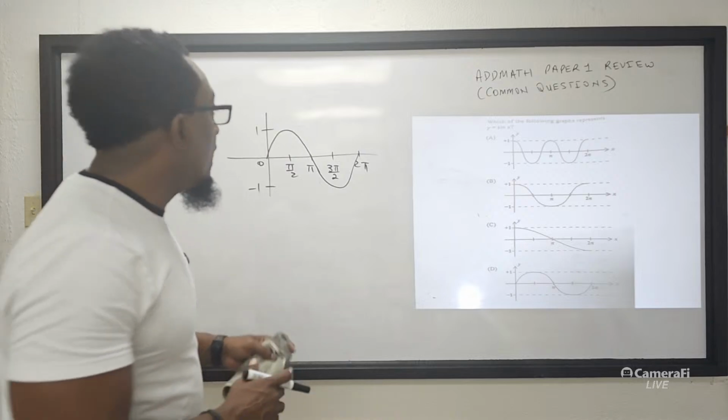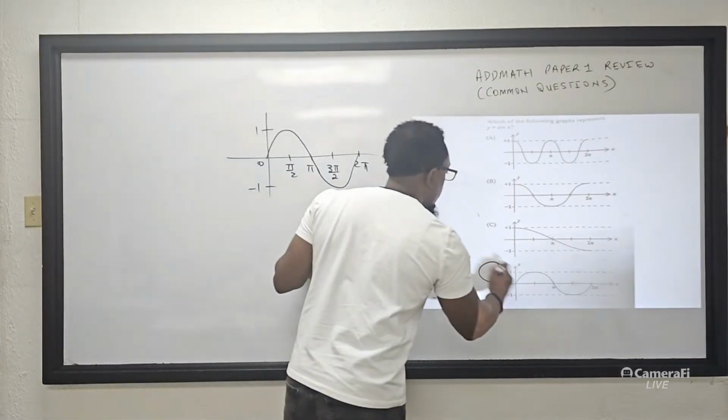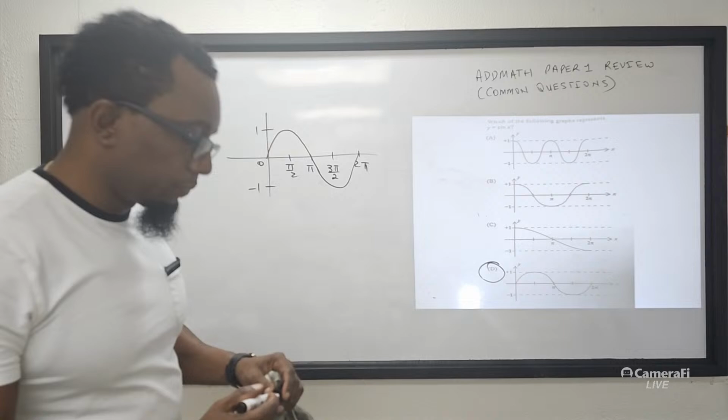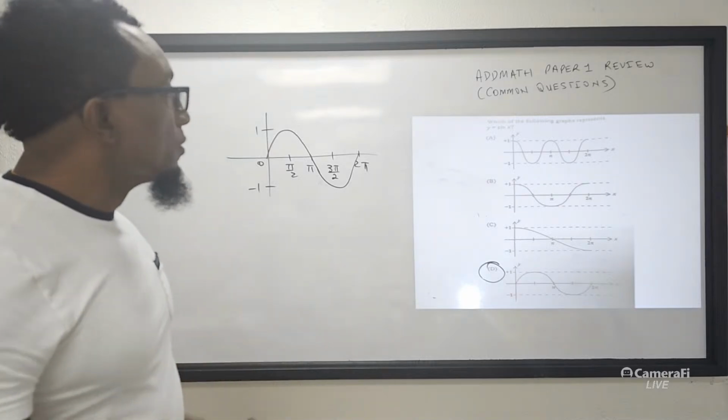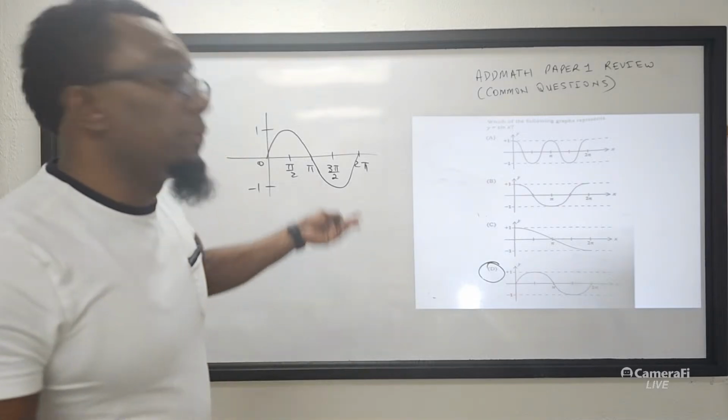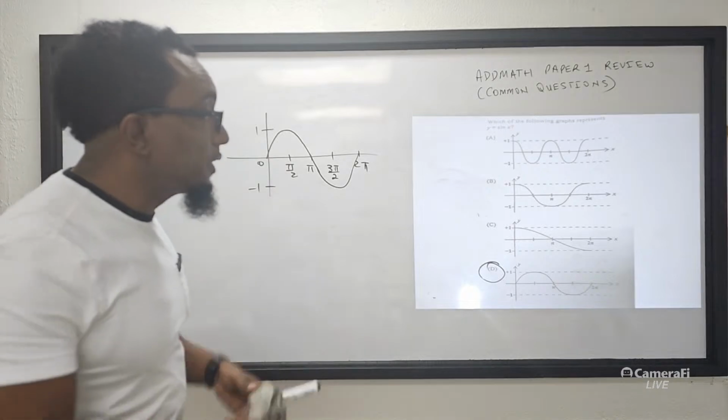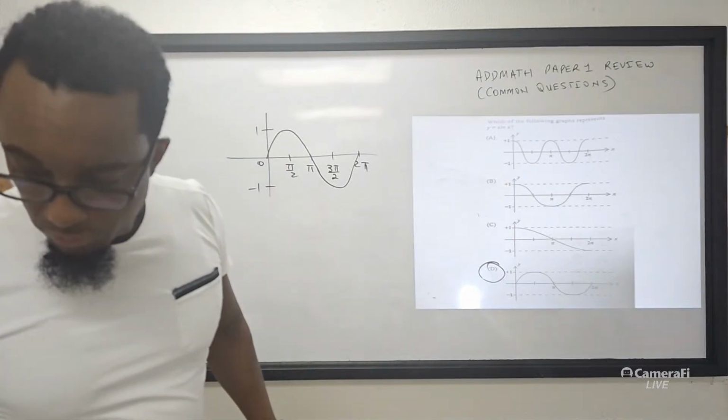So our answer for this will be D. Alright? So let's move on. If you see that question, it will automatically be D, that sinusoidal shape. Alright, so let's move on to the next.